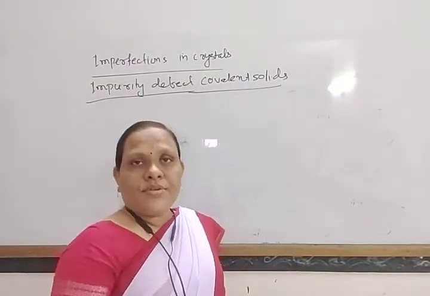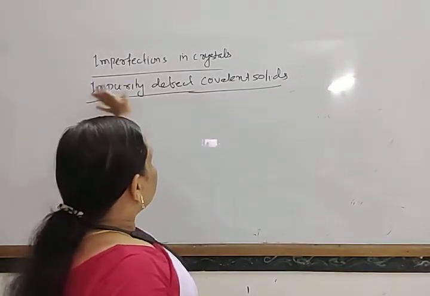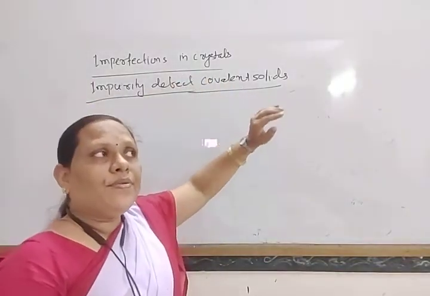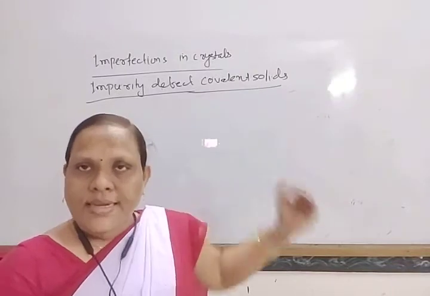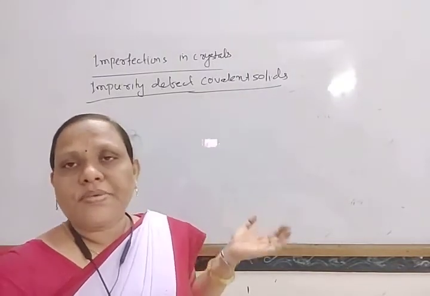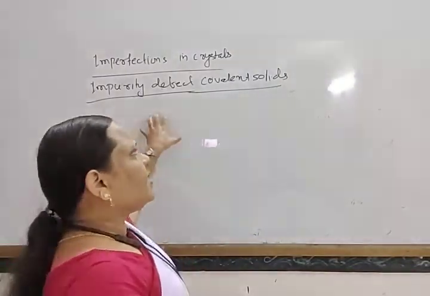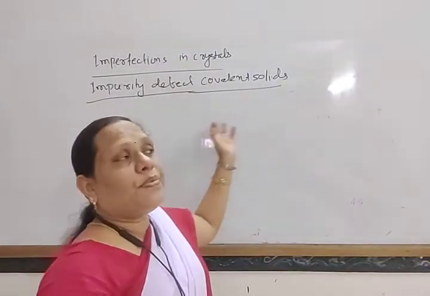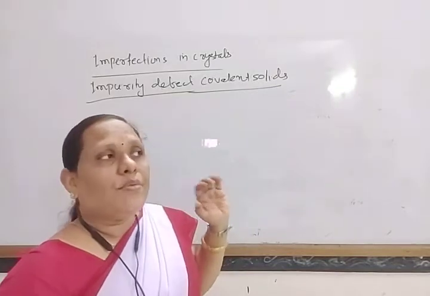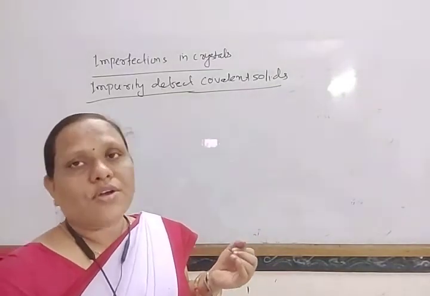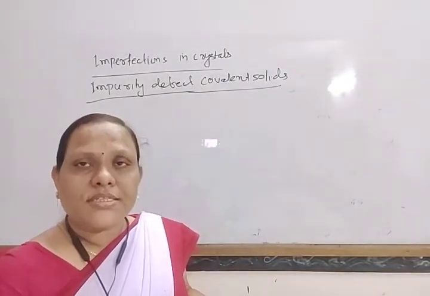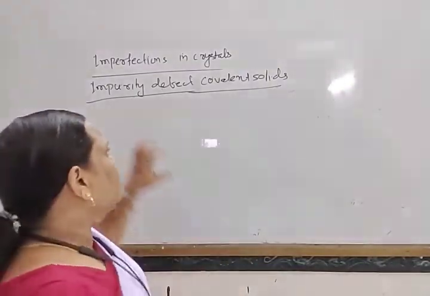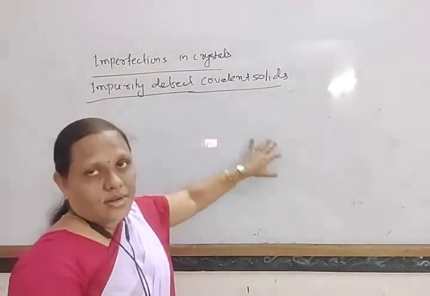Due to this doping, generally the electrical conductivity increases, and the doping takes place mainly in case of metalloids, that is for the preparation of semiconductors. For the preparation of semiconductors, generally doping is carried out.